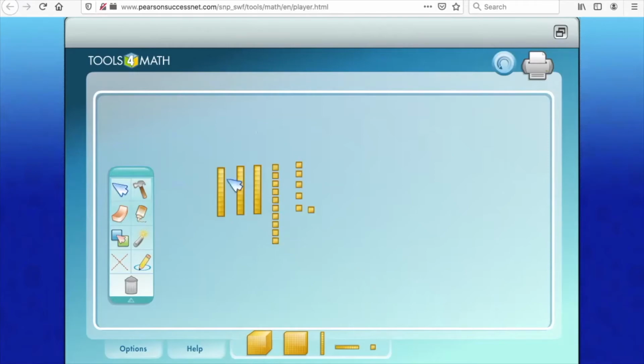So now when we look at our groups, we have 3 groups of 10, which would be 30, and our group of 10 that exploded plus 6 ones is 16. So we would have 30 plus 16. So it still shows 46 altogether, but this is a different way to show 46.